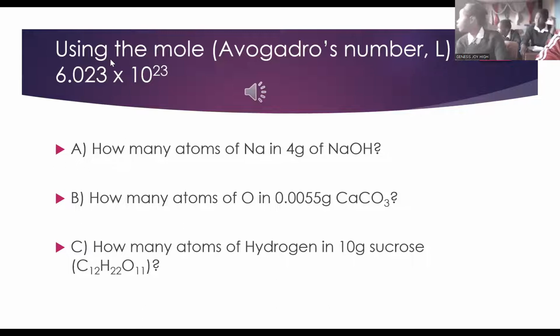You are told that number. If it asks how many atoms of Na in 4 grams of NaOH, then it's the moles of NaOH: 4 divided by the RMM of 40, so it's 0.1. In other words, we have 0.1 moles of NaOH.